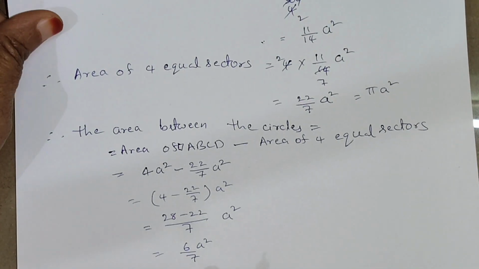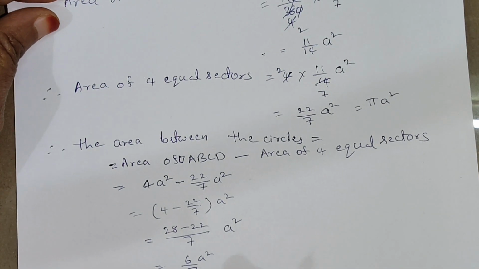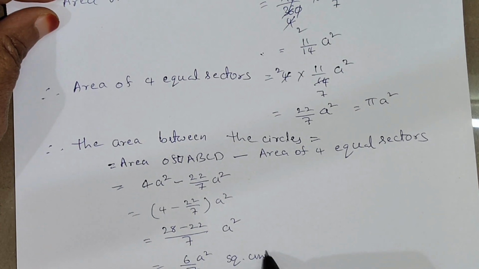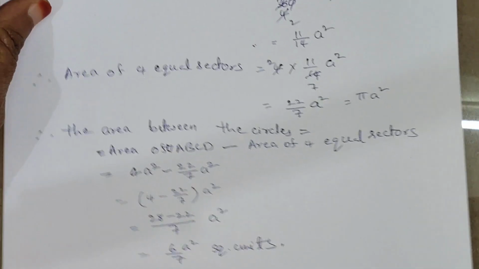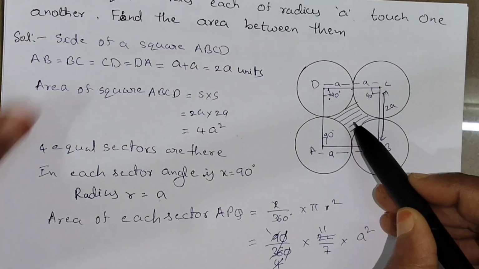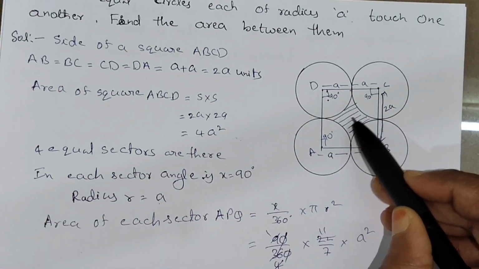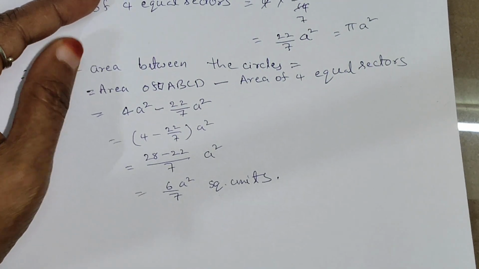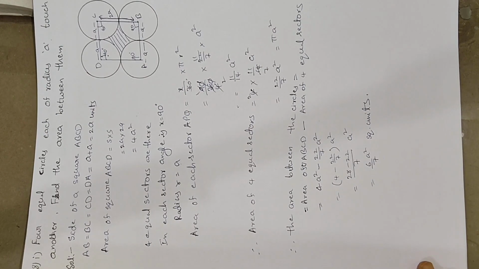This is the area between the circles, in square units. This is the final answer, the area you are asked for: 6a square by 7 square units. This is the complete first answer.